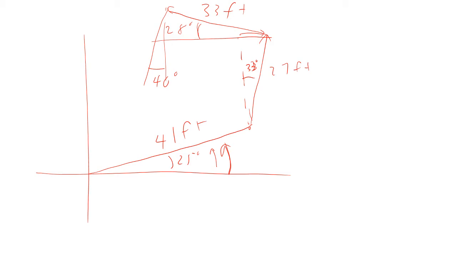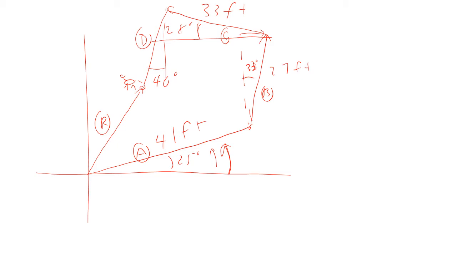At that point the dog here hears his owner calling and needs to run back. So we need to find what's the actual displacement of the dog. So this will be vector A, vector B, vector C, vector D, and that's the resultant.